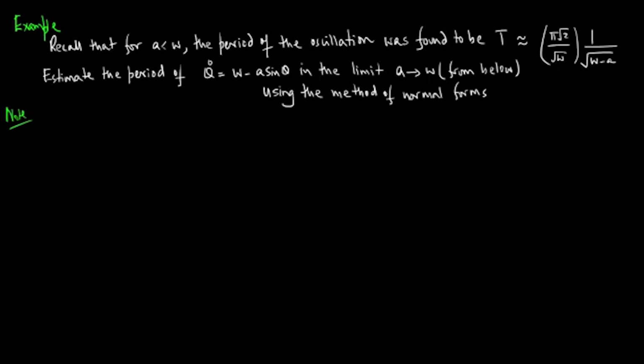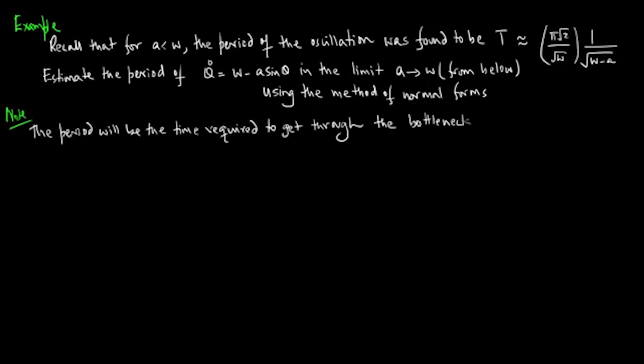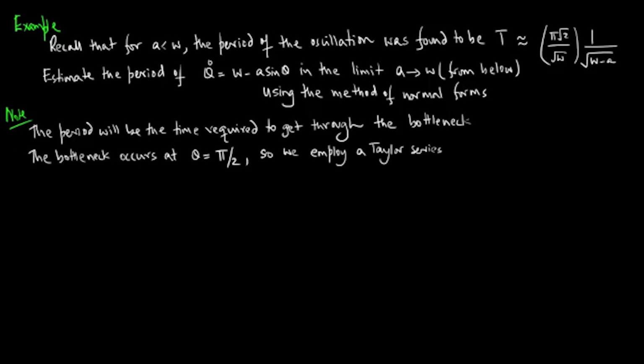Note that the period will be the time required to get through the bottleneck, and as the bottleneck occurs at theta equal to pi on 2, we employ a Taylor series expansion about this point. So we let phi be equal to theta minus pi on 2, where phi is small.